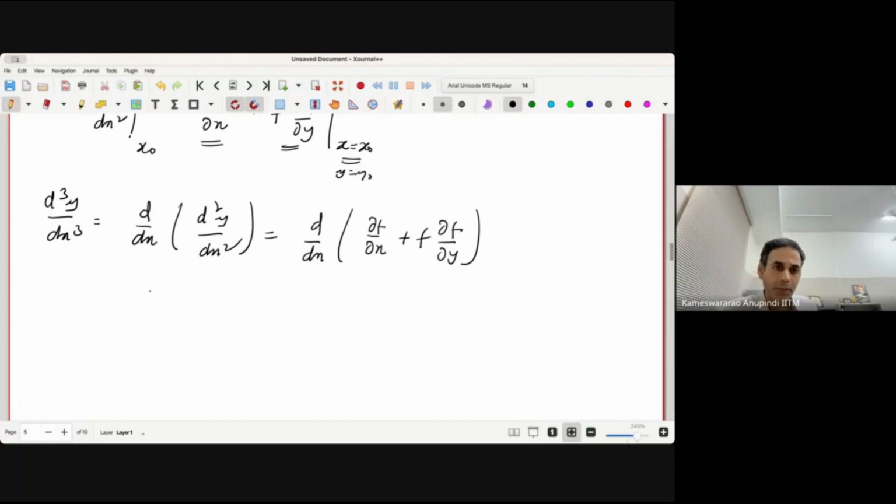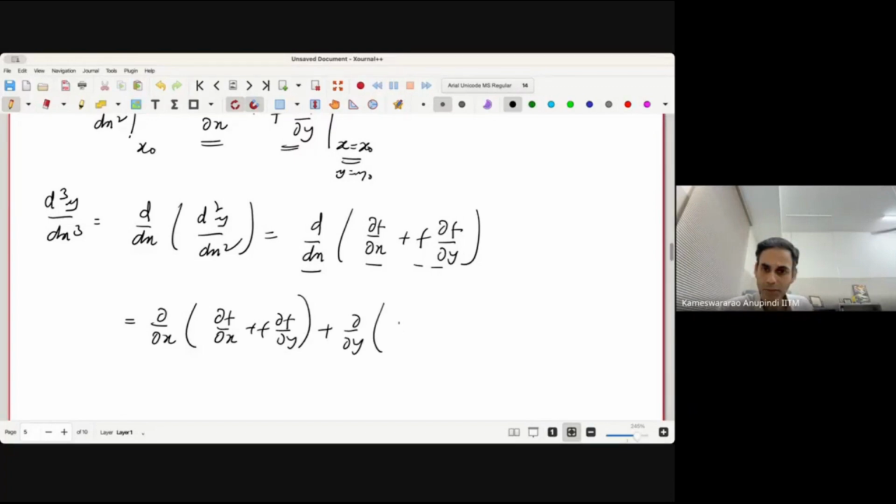But again, we realize that d by dx involves partial f partial x and f partial f partial y, which are functions of both x and y, and y is a function of x. So as a result, using the chain rule, this should be written as partial x of (partial f partial x plus f partial f partial y), plus partial y of (partial f partial x plus f partial f partial y), times partial y by partial x.